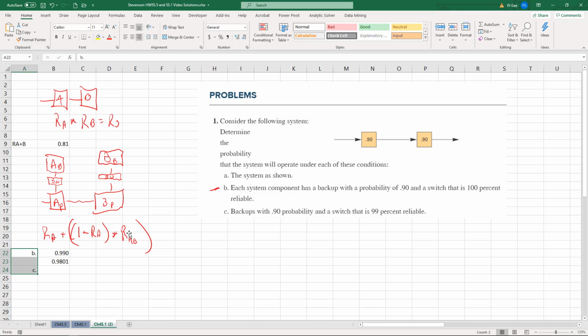In part C, we just need to multiply the reliability of the backup by 0.99, since the switch is 99%. We're going to shave just a little bit of reliability off the whole setup here.